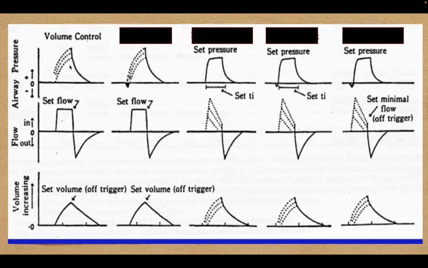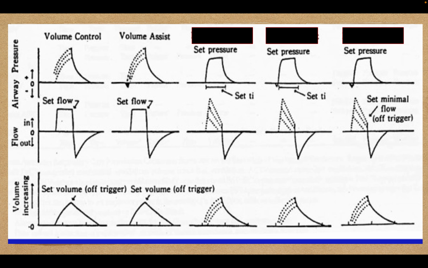The variable pressure with square waveform with set tidal volume has to be a volume control mode. Now this looks the same as this, but with this negative deflection. So it's very easy to know that this is assist control, volume control.